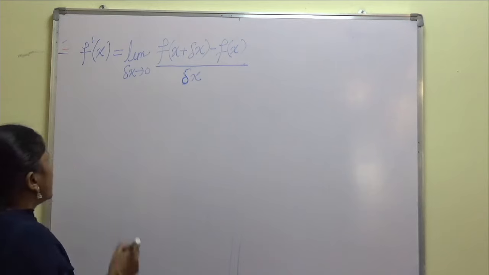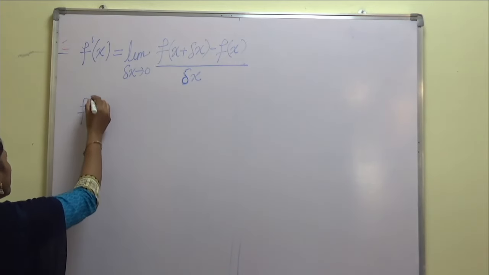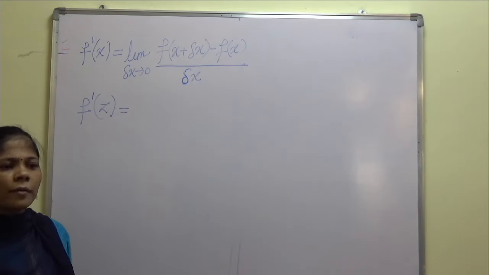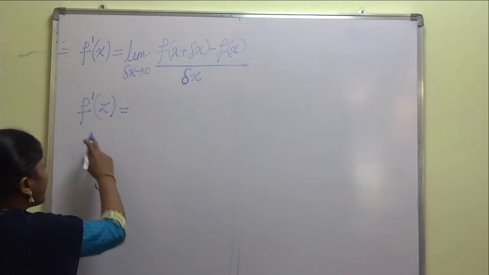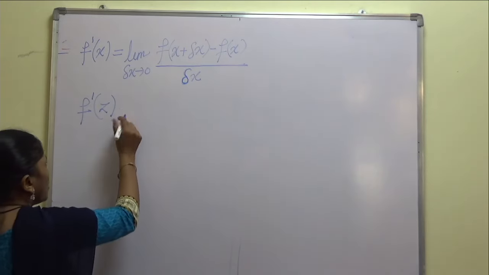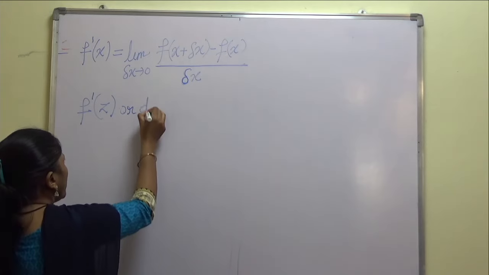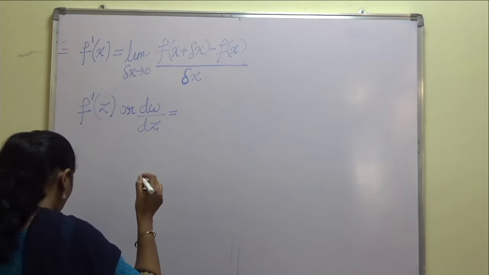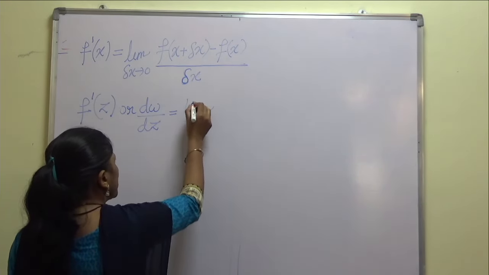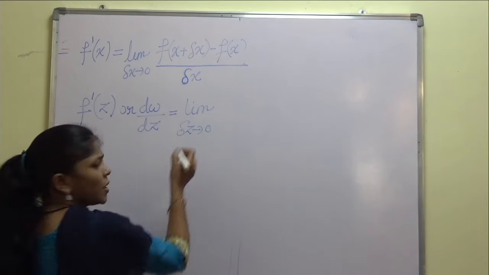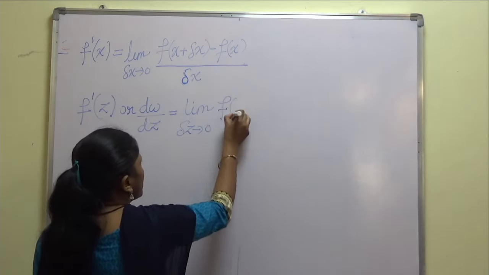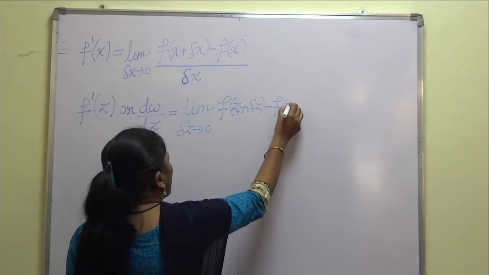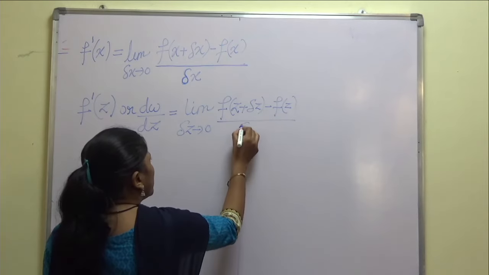Just like this, we can define it for a function of complex variable. In place of the real variable, we take a function of complex variable. Its derivative is denoted by f dash of z, or we can also denote it by d omega by dz. That is the limit as delta z tends to 0 of f of z plus delta z minus f of z, upon delta z.